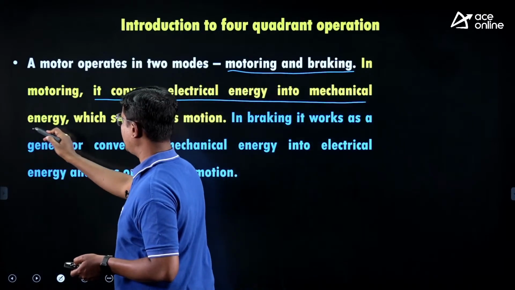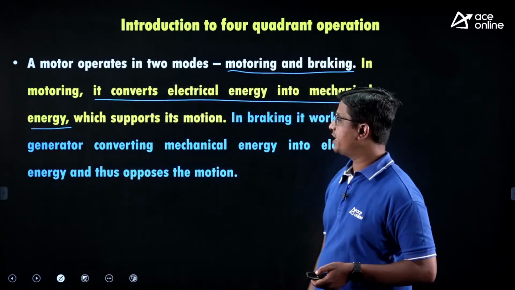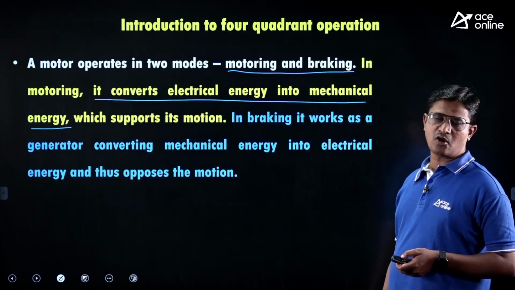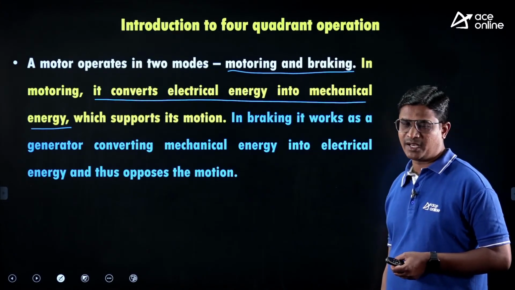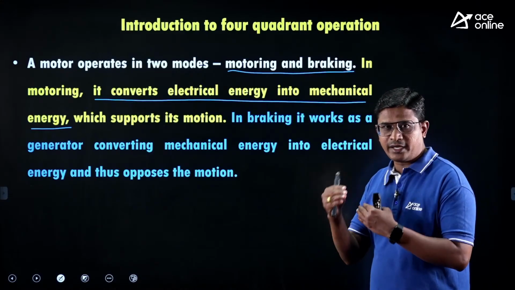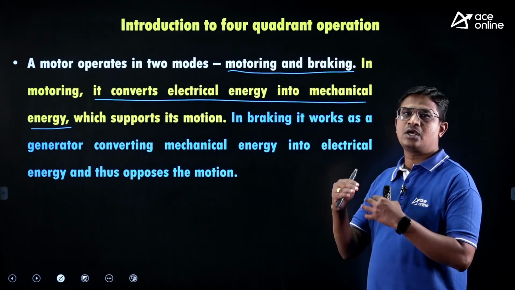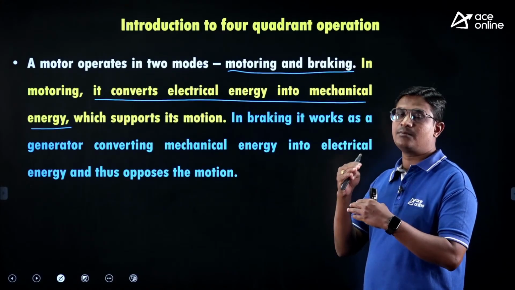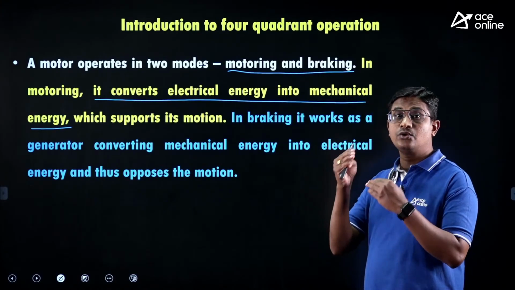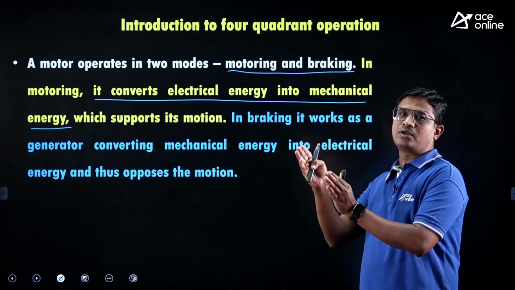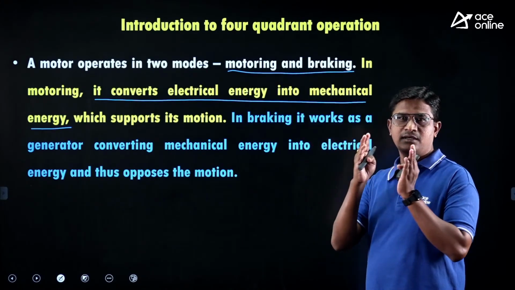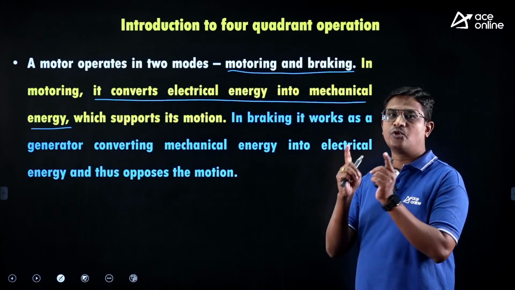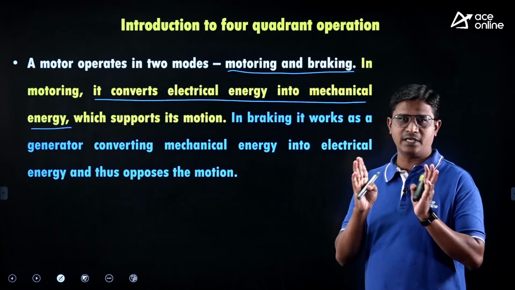Electrical energy is the input, and the output is mechanical energy which supports its motion. In motoring mode, always keep in mind the motor rotates due to the torque developed by the motor. So in motoring operation, the torque direction and the speed direction are both the same.